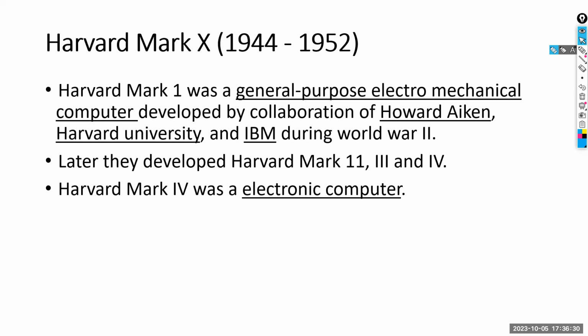That means we shifted from electromechanical to electronic. Right? Electromechanical to electronic. So now you must understand what is electronic and what kind of electronic devices are used and how those electronic devices evolved over time.